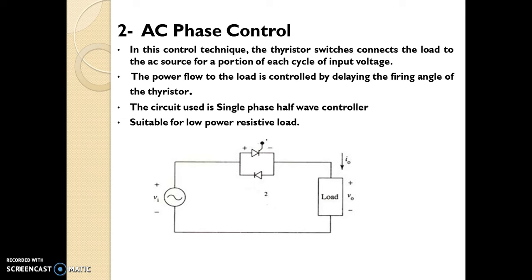The power flow is controlled by delaying the firing angle of the thyristor. The circuit used is the single phase half wave controller, also called a unidirectional controller, and this technique is suitable for low power loads like heating and lighting.